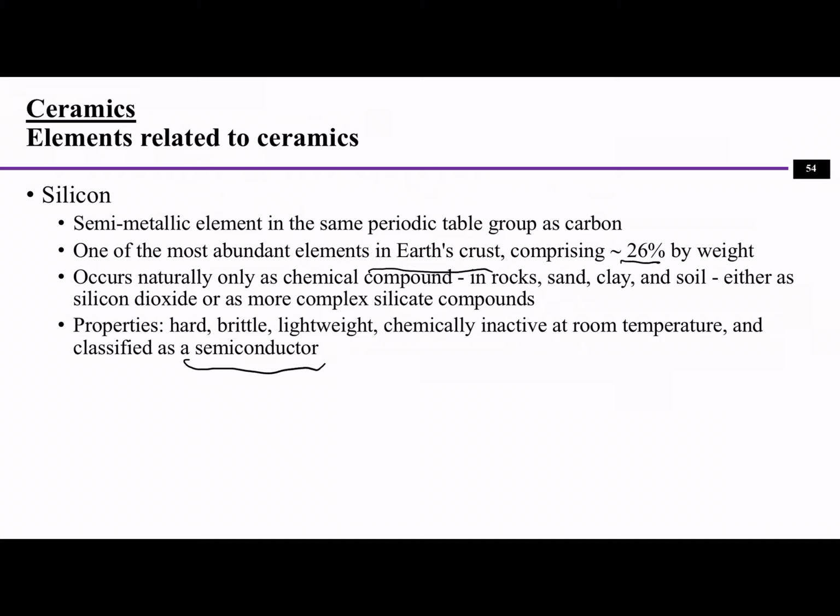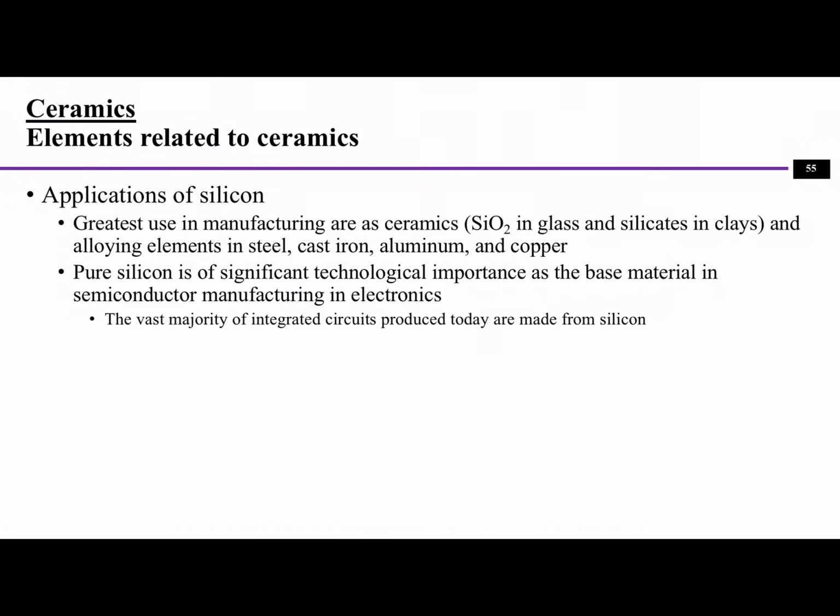It comprises about 26% by weight, and it's embedded in rocks, sand, clay, and soil. And as we mentioned, silicon is used a lot in technology as semiconductors for manufacturing in electronics.